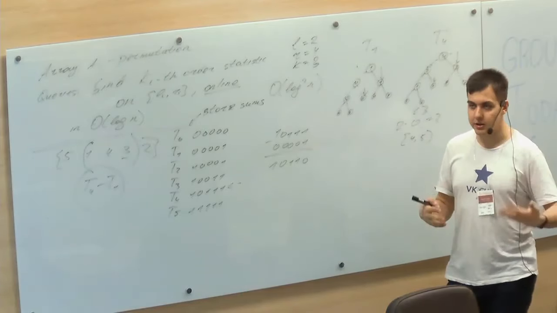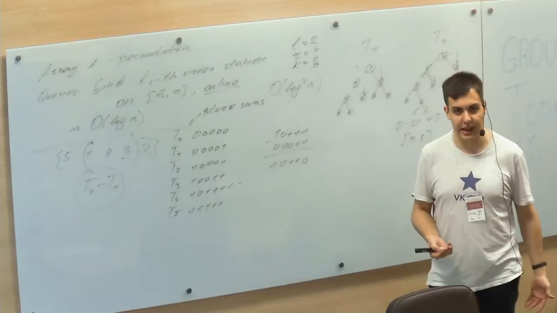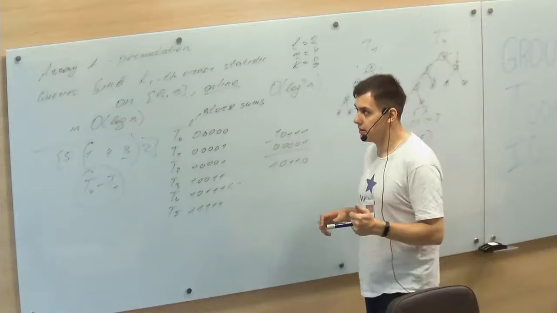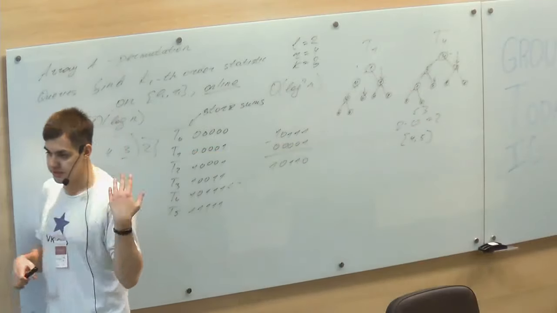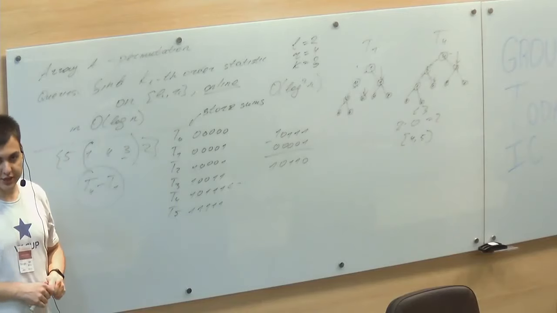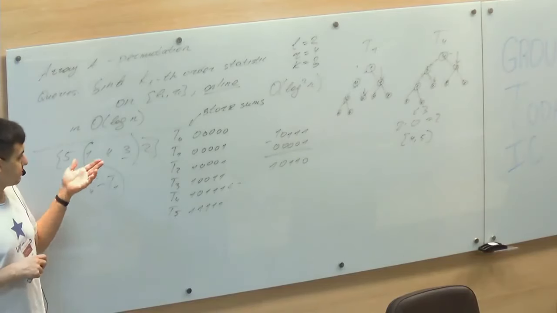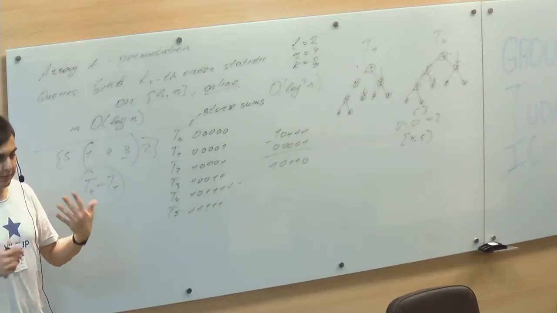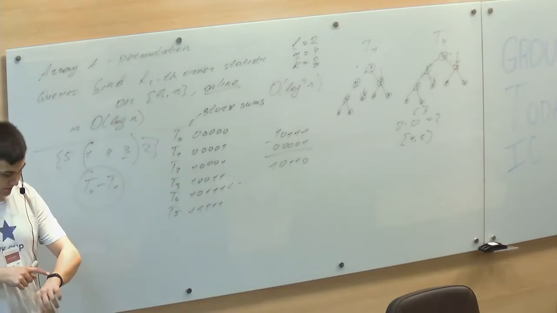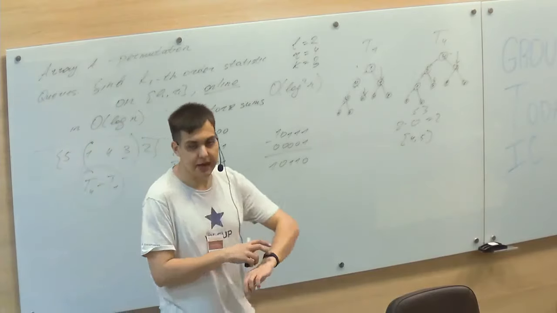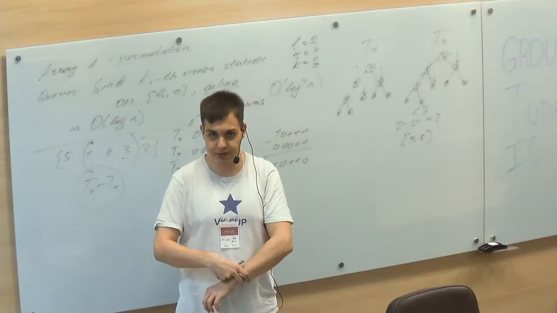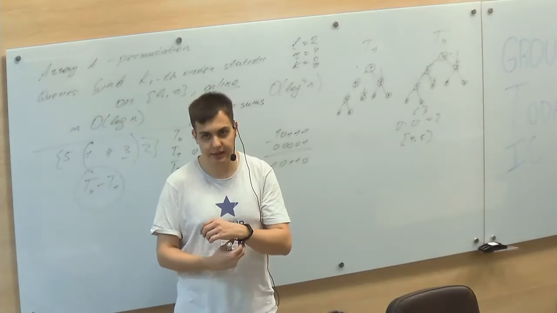But if there are no changes, and that's usually the case when you apply persistent data structures or persistent segment trees, you can build all the persistent segment trees in the beginning, and then use them to solve your queries. Okay, so let's make a 10-minute break, and we'll be back with persistent trees and other data structures.